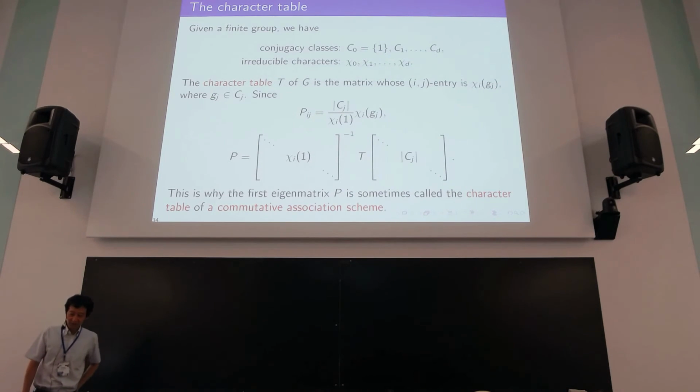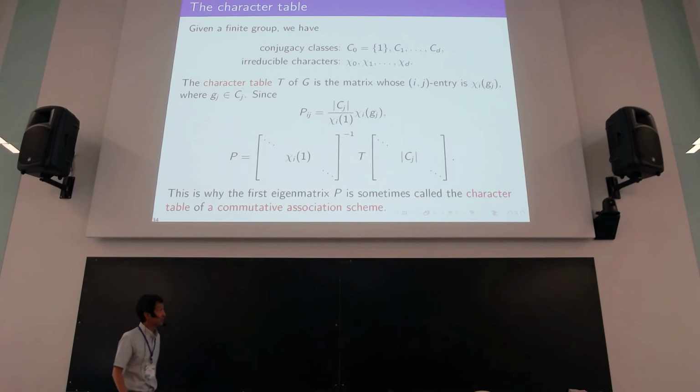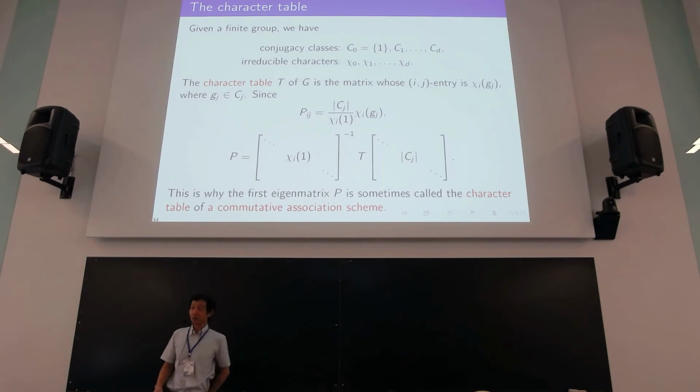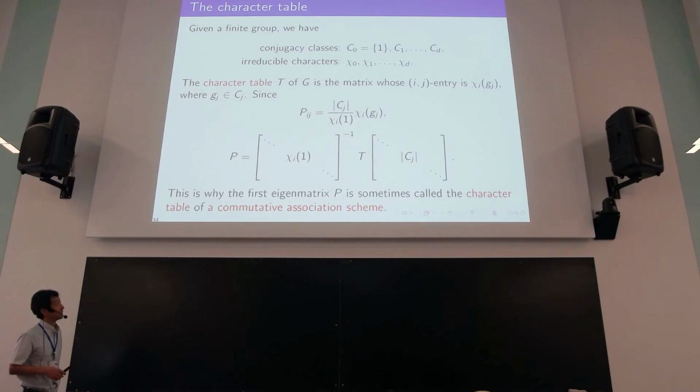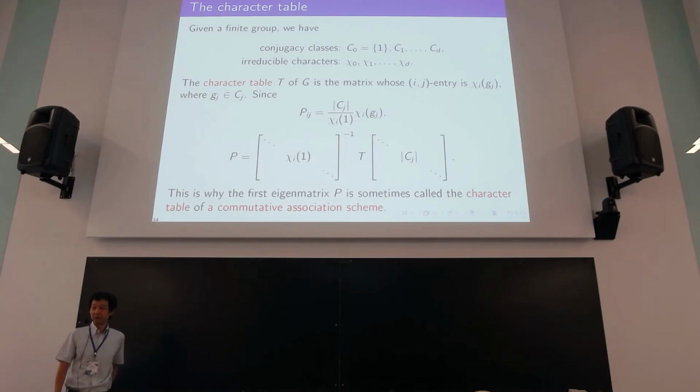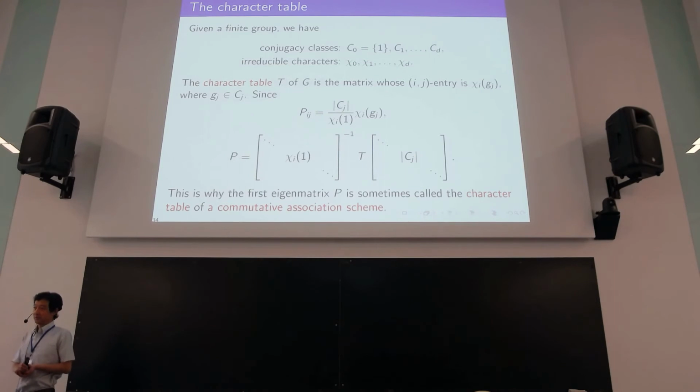The eigenmatrix, which was introduced as a change of basis matrix, is a kind of generalization of a character table. The only difference is that we don't consider the group elements individually, rather we consider the conjugacy classes and the center of the group algebra. So that causes a slight difference between those values, but they are not essential.